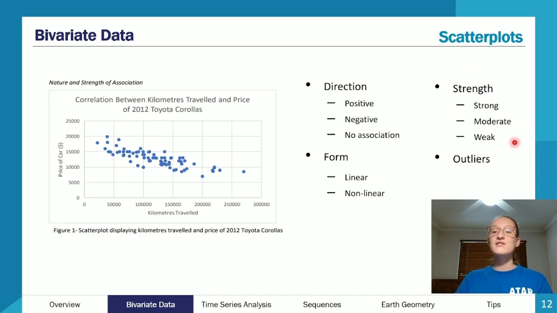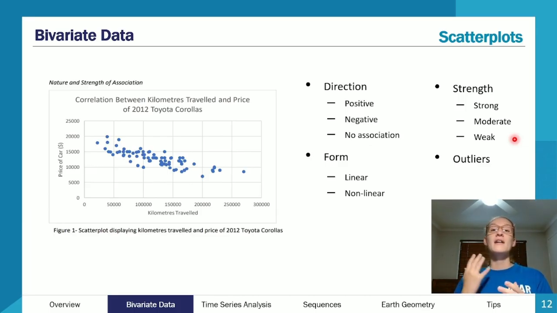And then when it comes to the strength, we touched on it briefly before. Again, that's our R value, our Pearson's correlation coefficient. Whereas here, I'm just saying maybe it's moderate to strong. If I calculate a Pearson's correlation coefficient, I can determine mathematically and precisely the strength of this relationship.